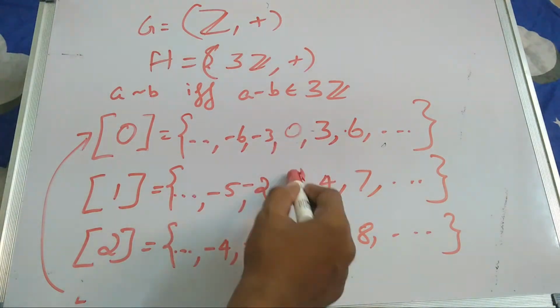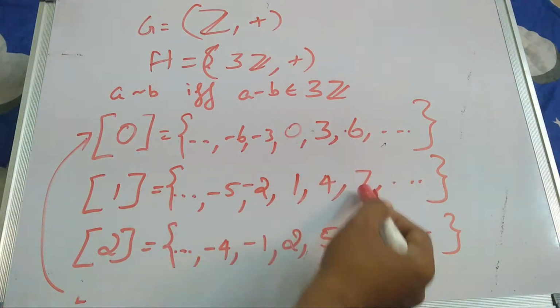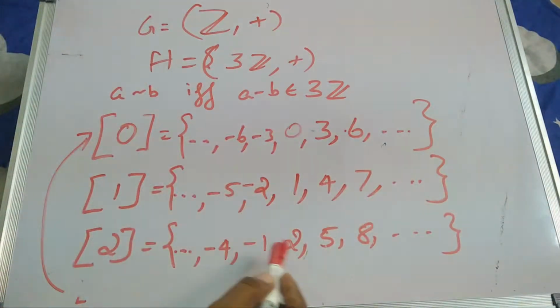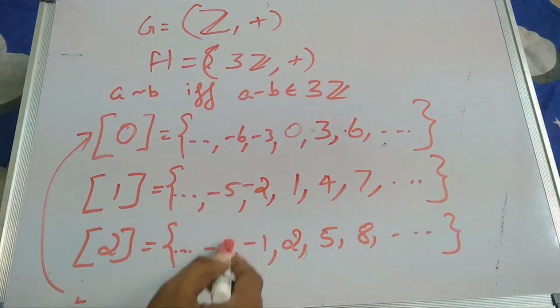See, 0, 1, 2, 3, 4, 5, 6, 7, 8, etc. And this way, minus 1, minus 2, minus 3, minus 4, minus 5, minus 6, etc. If you union these 3 sets, we are going to get the entire set. Now, there will be no other equivalence classes other than these 3.